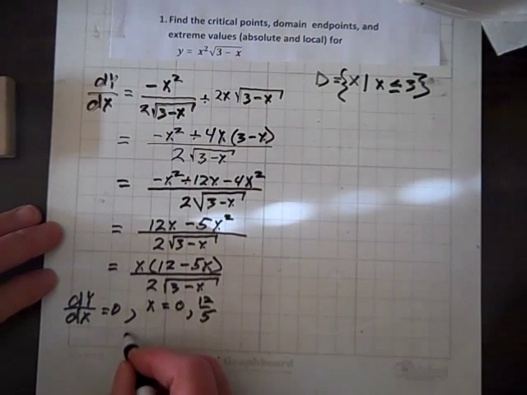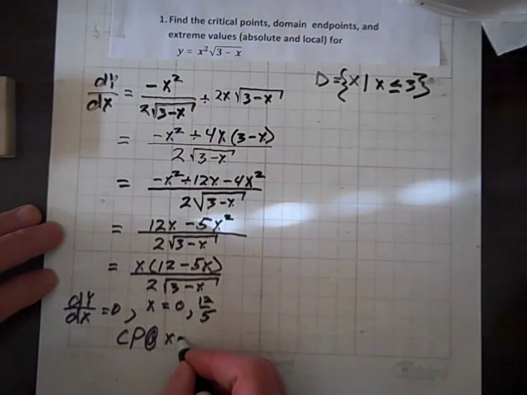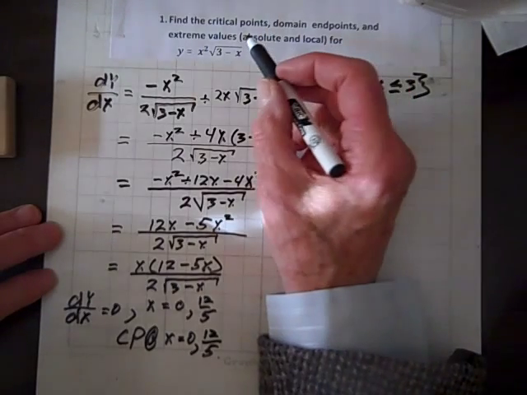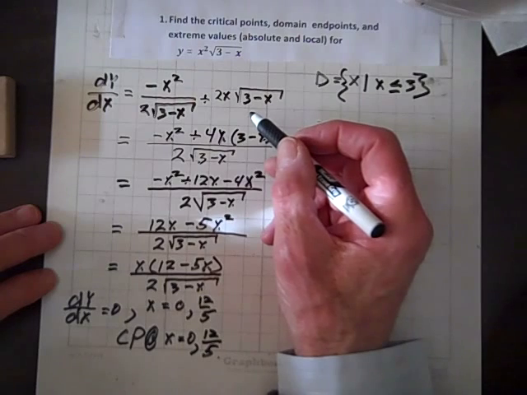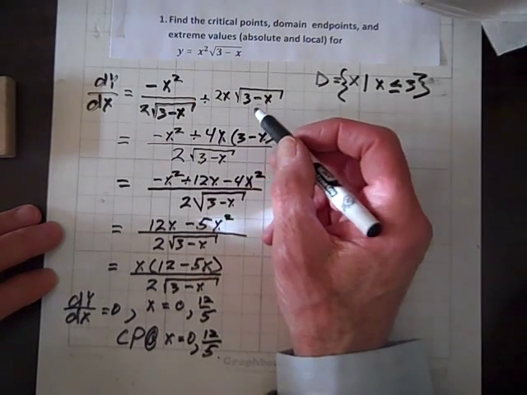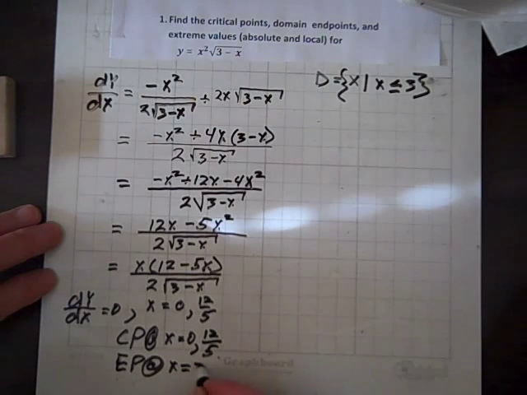So therefore our critical points are at x equals 0 or 12 over 5. Now one other thing, we have to find the endpoints. Well, this function continues to the left forever, but it does have an endpoint at 3. So I'm just going to write EP for endpoint, and that's at x equals 3.